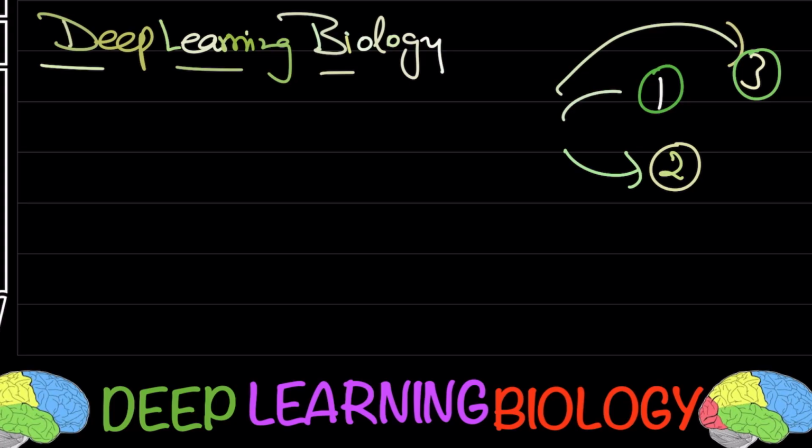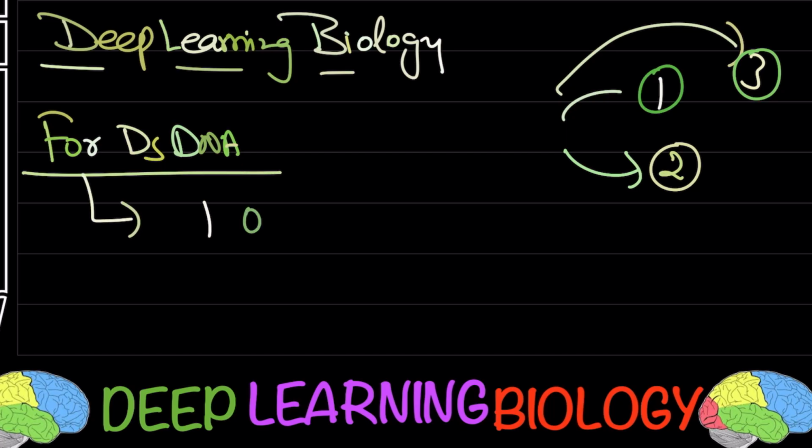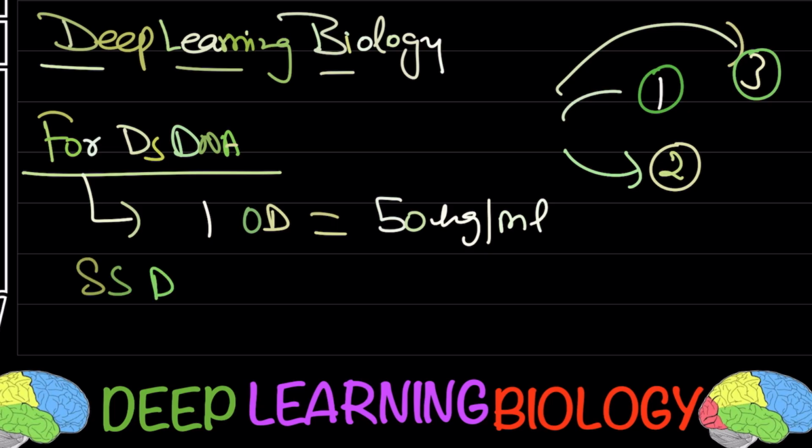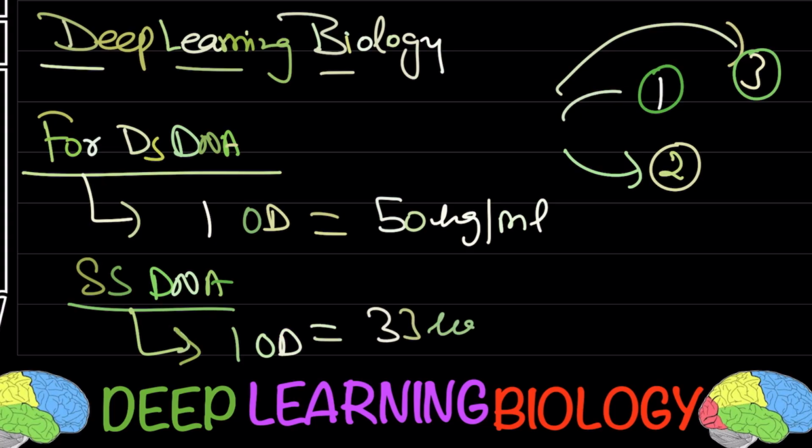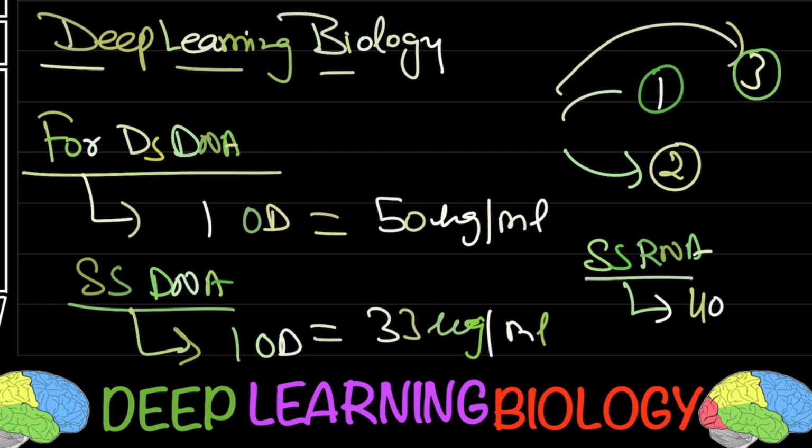Hopefully you remember, for double stranded DNA, 1 OD expresses 50 microgram DNA per ml. For single stranded DNA, 1 OD represents 33 microgram per ml, and for single stranded RNA, it is 40 microgram per ml.